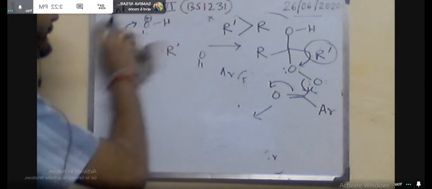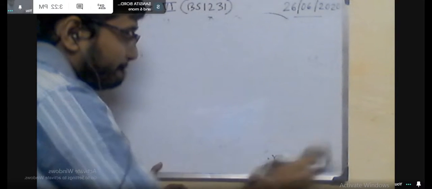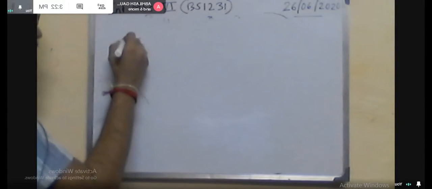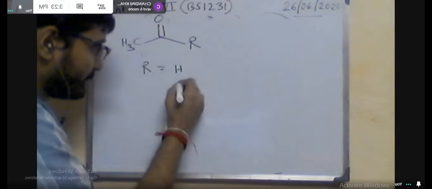Say R. Here R may be hydrogen, it may be methyl, ethyl, it may be isopropyl, or it may be tertiary butyl.